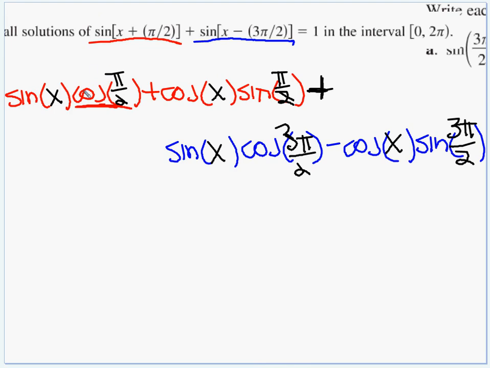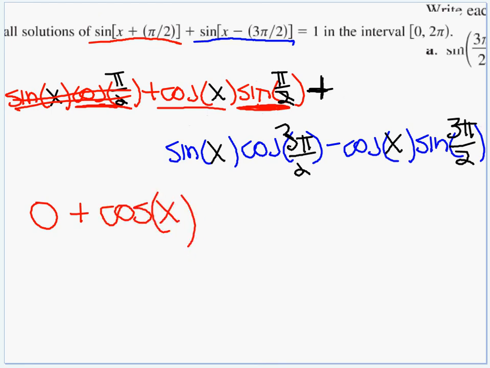Okay, here the cos at pi over 2, cosine values are x values. You're on the y-axis, so that'll be a 0. So that'll be 0 times sine x. I'll just write a 0 there sort of as a placeholder. Plus cos x times sine at a half pi. Sine at a half pi is 1. 1 times cos x is cos x. Plus. Now we get into the blue ink.